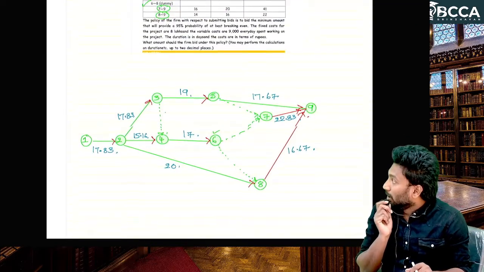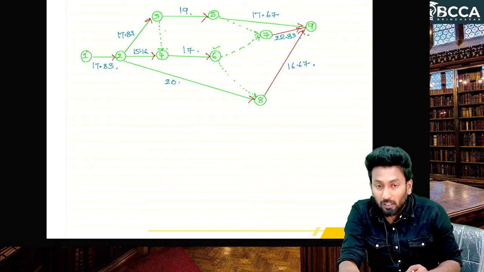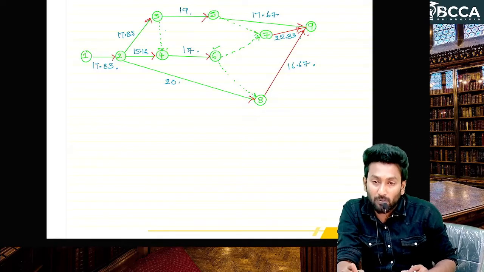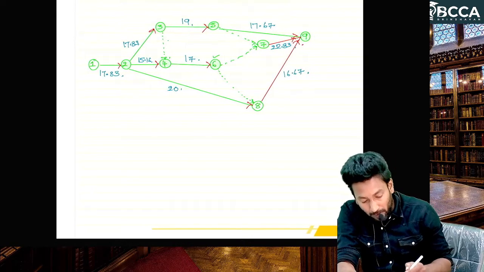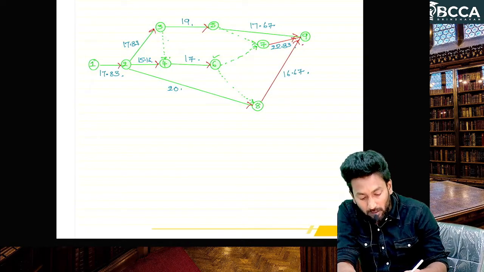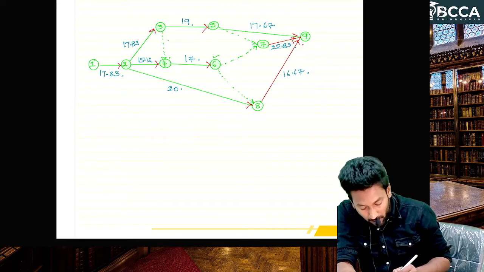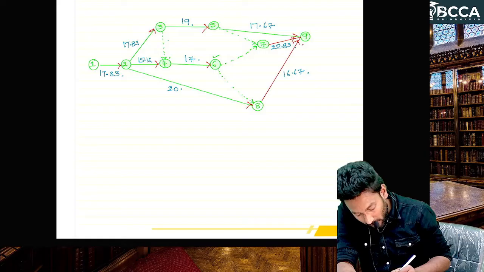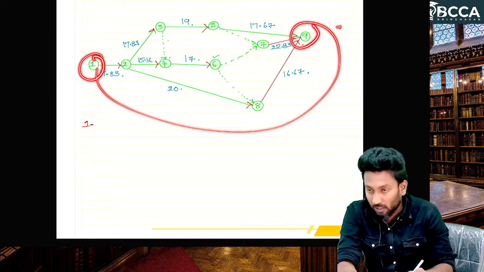Now we need the expected time of the project, sir. To calculate the time duration of the project, we have to identify the critical path. Critical path means longest path. For the longest path, we have to identify all the paths, sir. Our target is to go from 1 to 9.